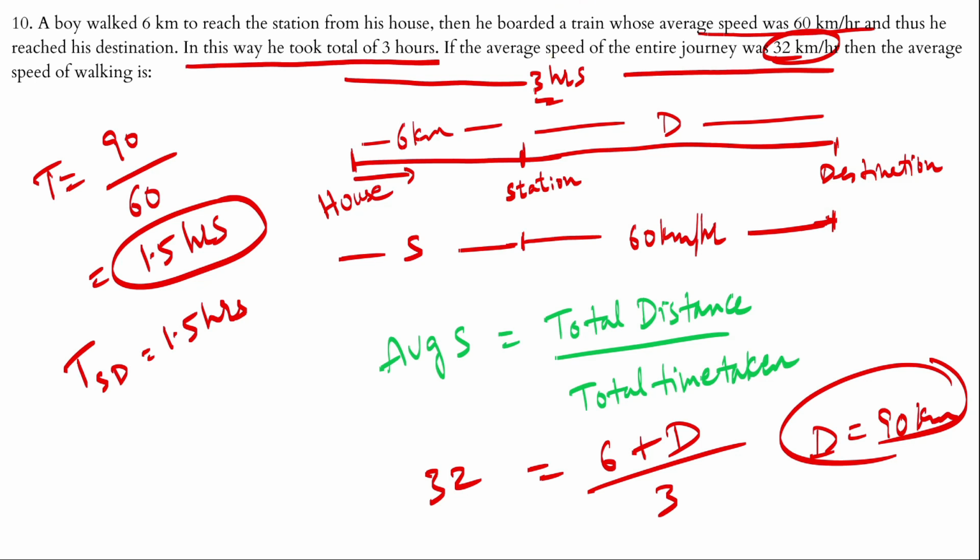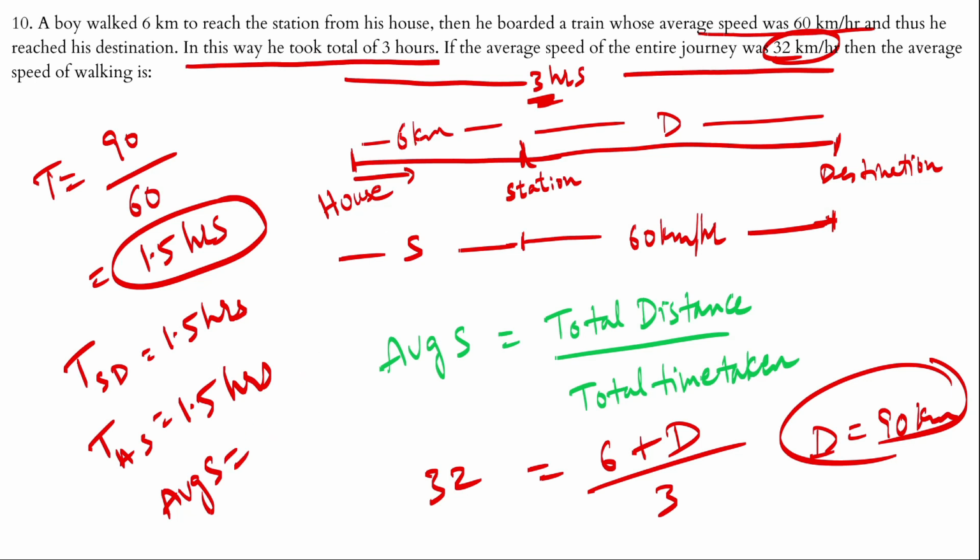So out of 3 hours, right, the total duration is 3 hours, from station to destination it's 1.5 hours. So the time required from house to station is 3 minus 1.5, which is one more 1.5 hours. Now it's easy to calculate average speed.